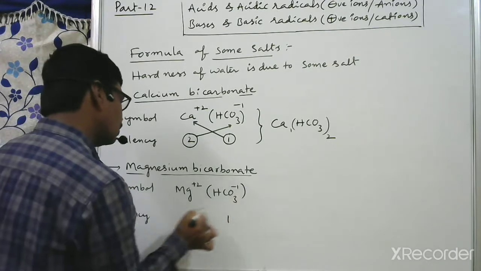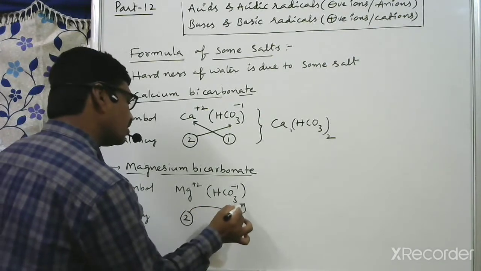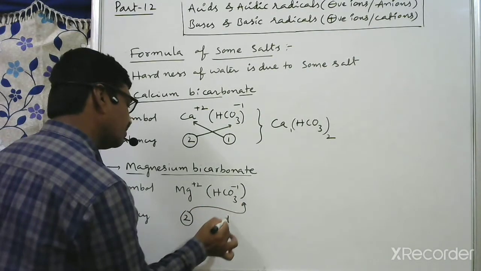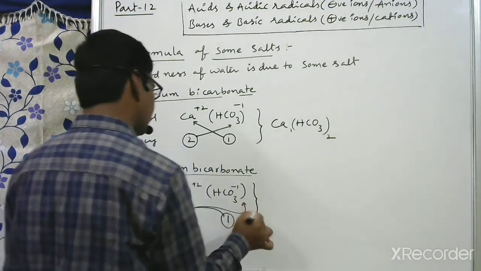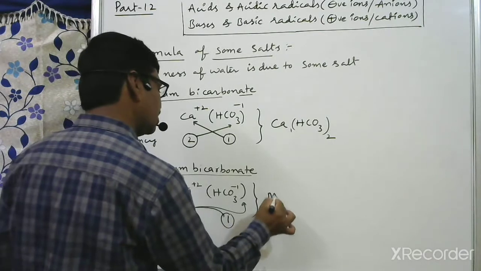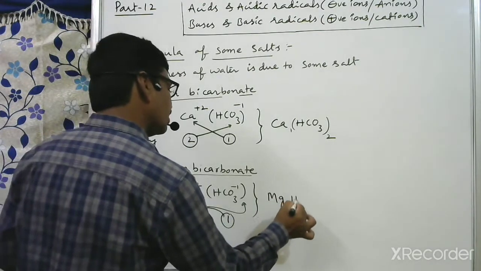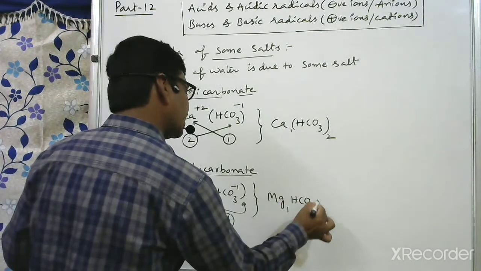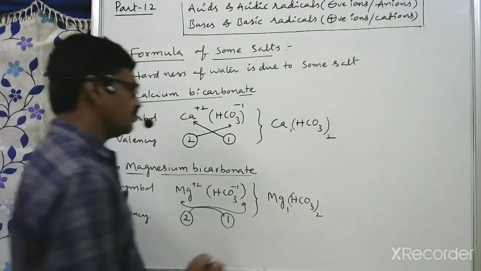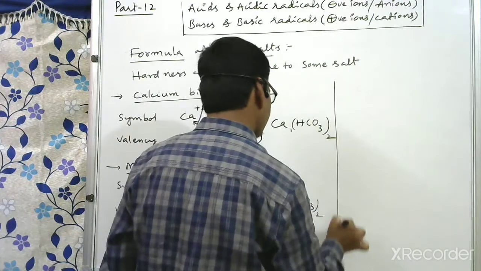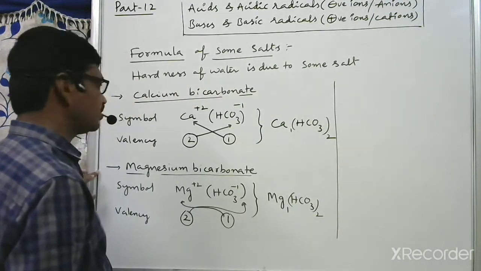This 2 should be written at the bottom side of this ion, and 1 should be here. By crisscrossing these two, what do we get? Mg1 HCO3 taken twice. This is magnesium bicarbonate. So, calcium bicarbonate, magnesium bicarbonate.